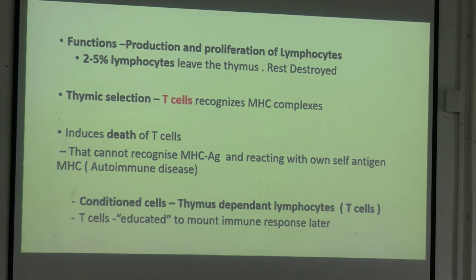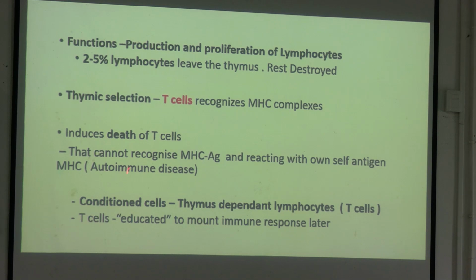Now what does the thymus do? The thymus's primary function is the production and proliferation of lymphocytes. Of all the lymphocytes produced, only 2 to 5% will leave the thymus, and the rest will be destroyed.